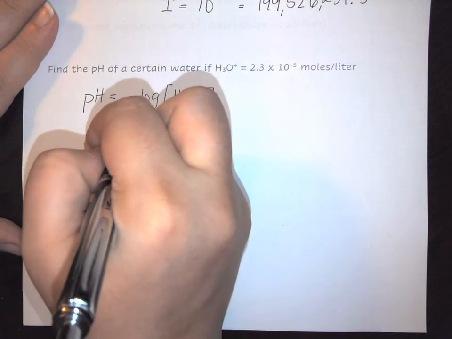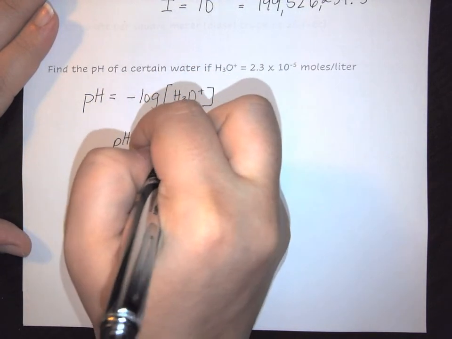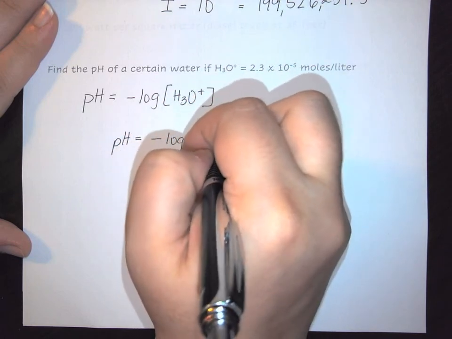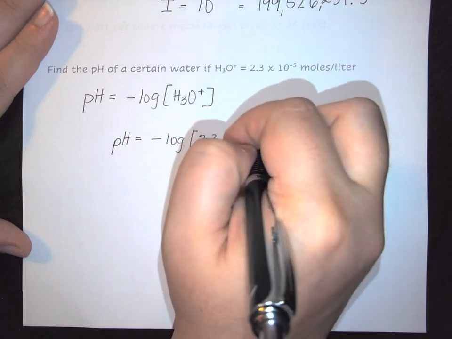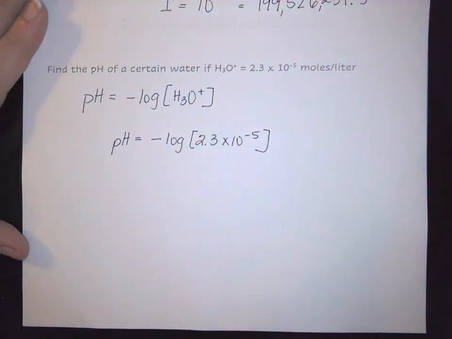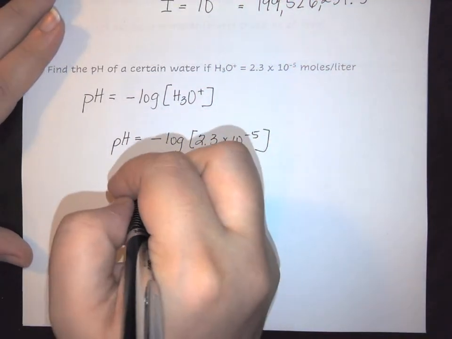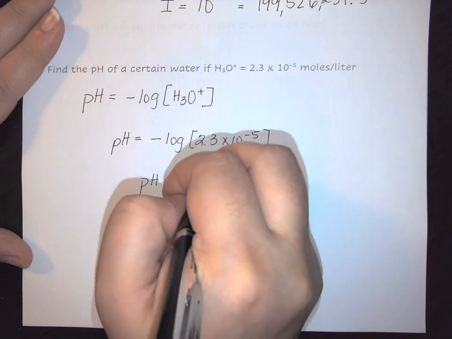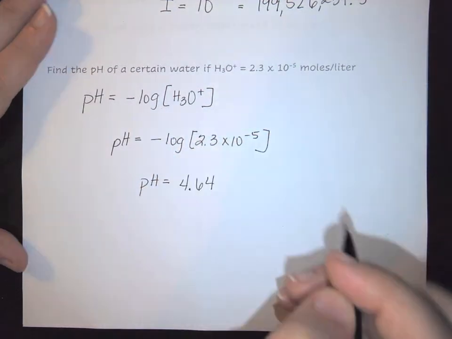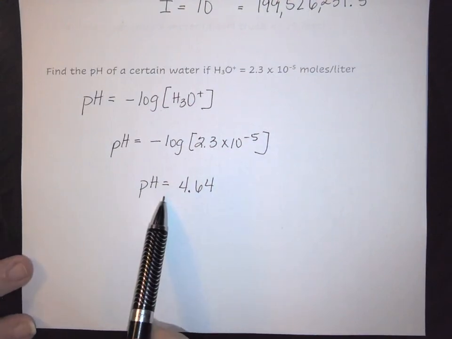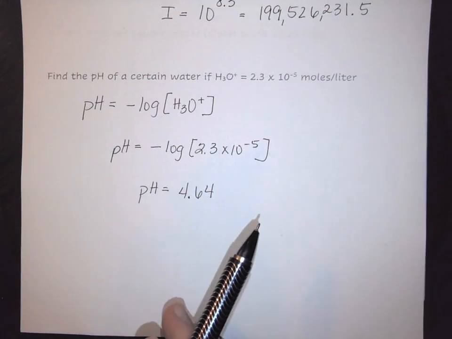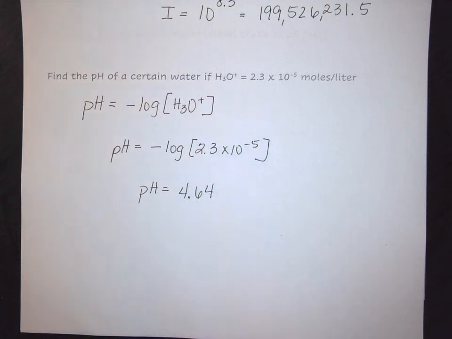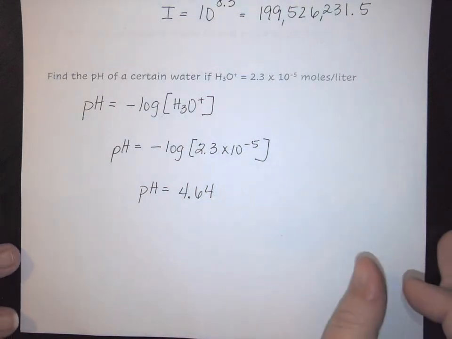So here you plug it in, so your pH is going to be the negative log, and we're going to take the log of 2.3 times 10 to the negative fifth, and it's moles per liter. So in this case, my pH here would come up to be 4.64.